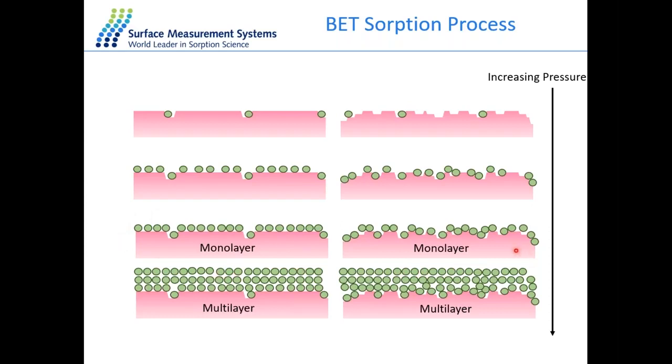In classic nitrogen or krypton volumetric processes, this is a pretty good assumption, and most materials will form a monolayer. However, when we deal with vapors and gases with different chemistries, this may not be the case. So this is why it's important to make sure that the material will form a monolayer, and that'll be determined by the isotherm shape.